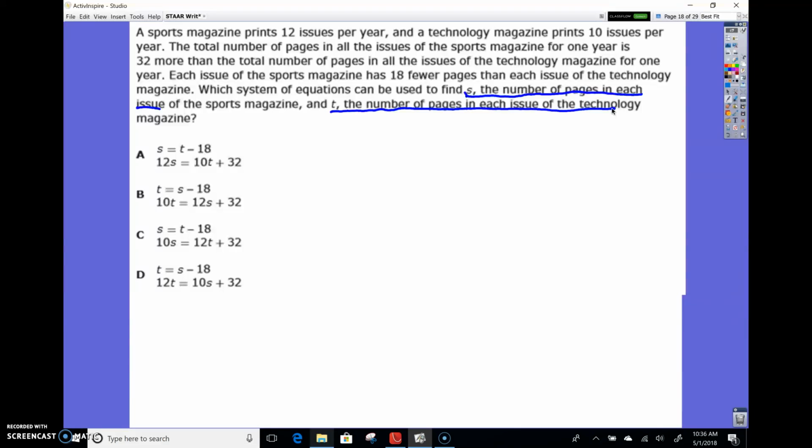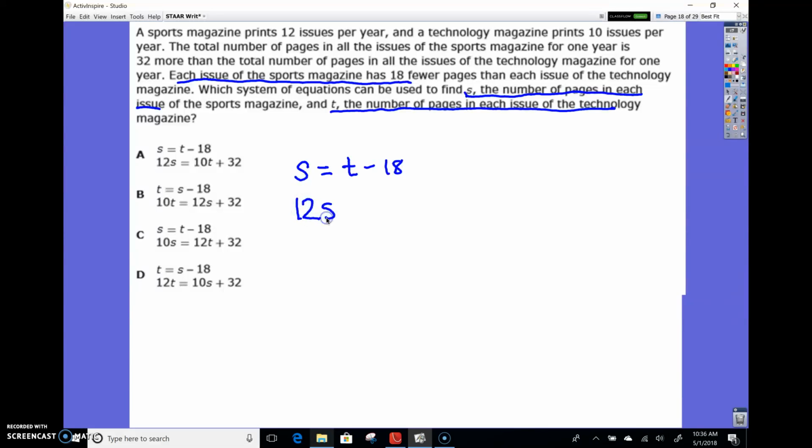Okay, so let's start with this. Each has 18 fewer, right? Sports has 18 fewer, so I'm subtracting 18 from the technology. Okay, the sports magazine is 12 per year.